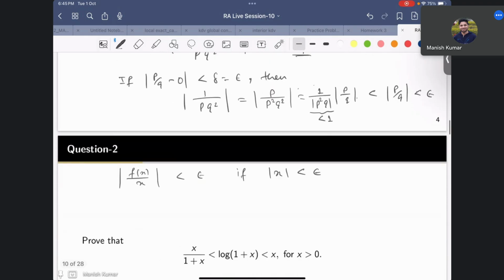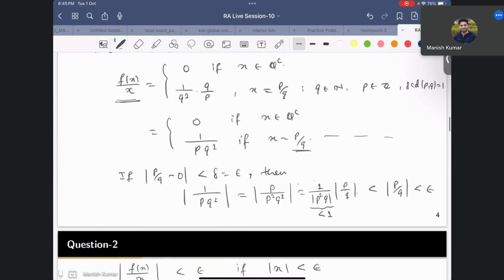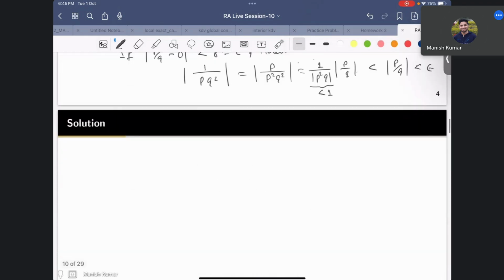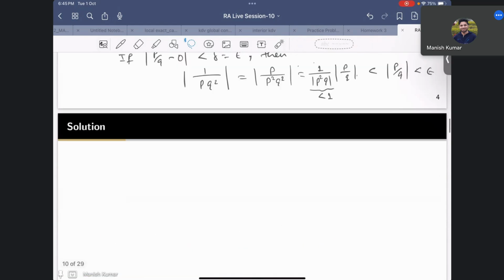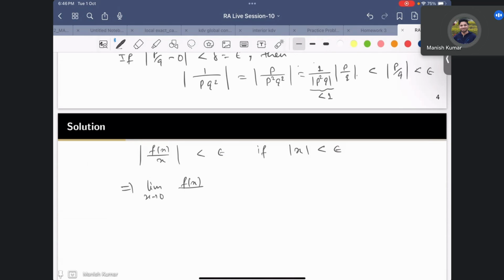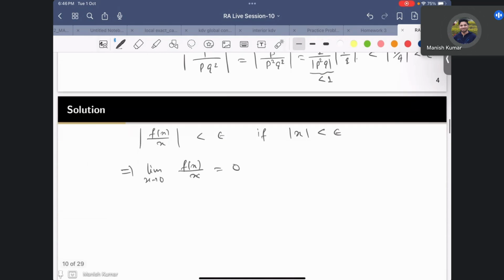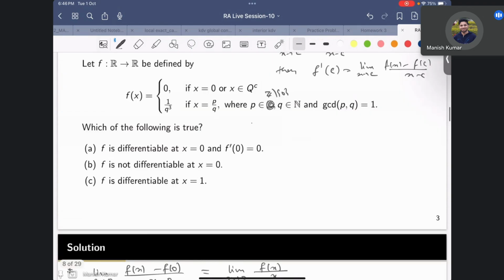So what this proves is that limit x tending to 0, f of x upon x is equal to 0, and this limit exists, and this implies that f prime at 0 is equal to 0. So this function is differentiable at 0, so this first option is correct.